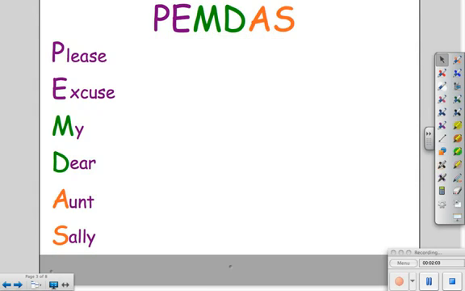You also have the mnemonic, please excuse my dear Aunt Sally. That's another very common one. In both cases, remember that you are putting addition and subtraction paired together, and that you are putting multiplication and division paired together.